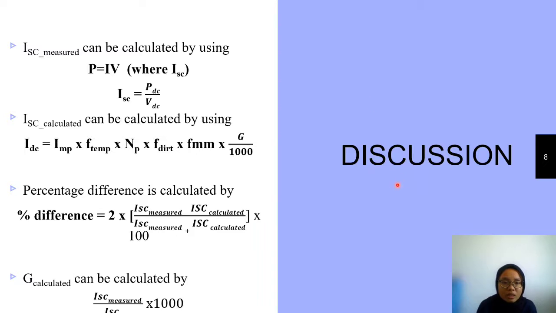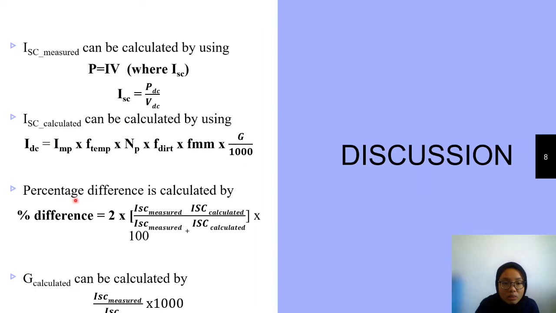For the discussion, there are a few formulas that we use in this experiment, in this lab. First is ISC measured. How we calculate it is by using, as we all know, P equal to IV, where ISC is equal to PDC over VDC. Next is ISC calculated. It can be calculated by using the IMP times F temperature times NP times F dirt times FMM and G over 1000.